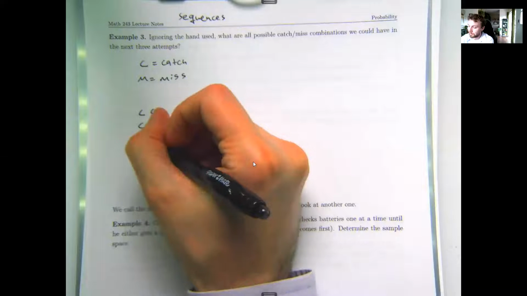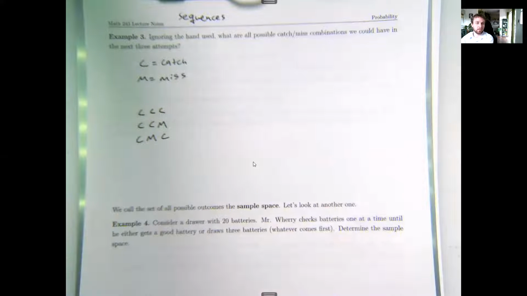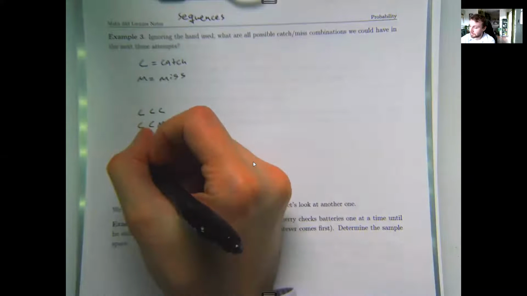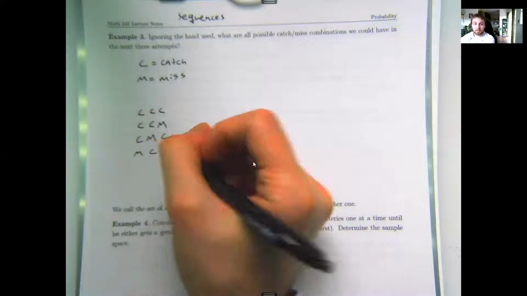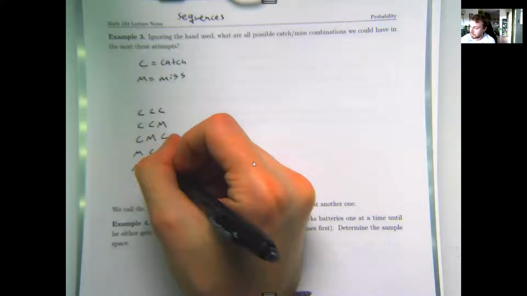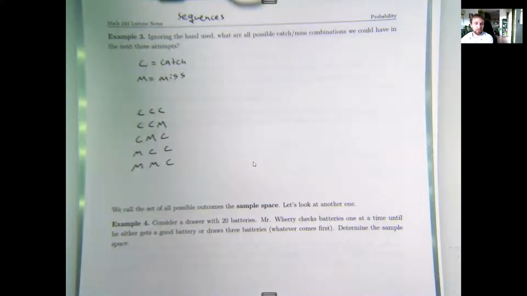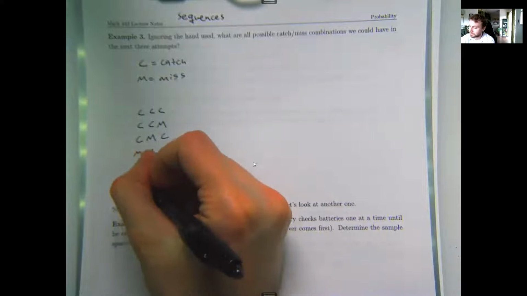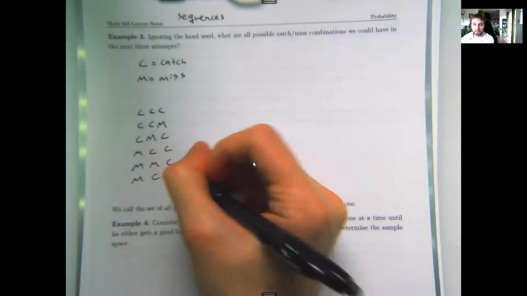I could catch the first and the third, but miss the second. I could miss the first and catch the next 2. I could have 2 misses and then a catch. A miss, catch, and a miss.